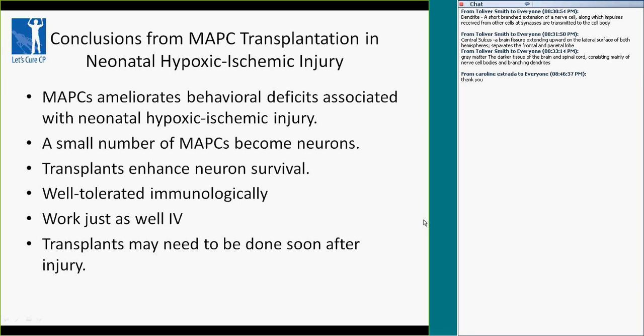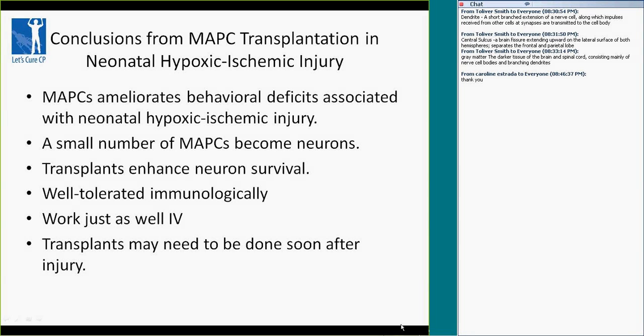With treatment with the MAPCs, we've seen improvement between untreated animals that have been injured and animals that have been treated with MAPCs. They stay on the rod longer. They have better spatial perception. They're better at placing their feet where they need to be in order to stay up, and also they're more aware of their body position, which is excellent.